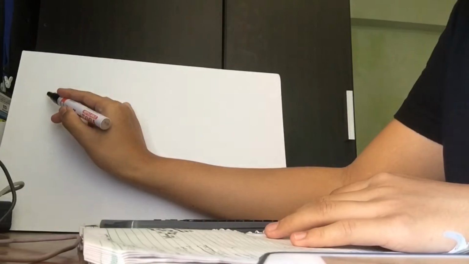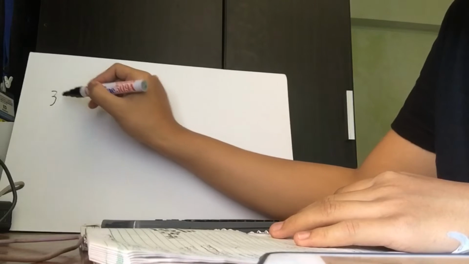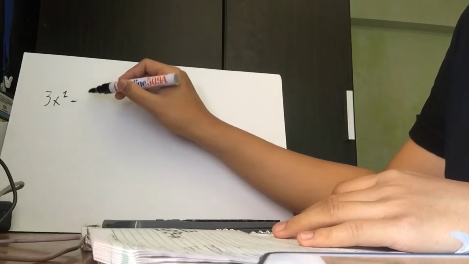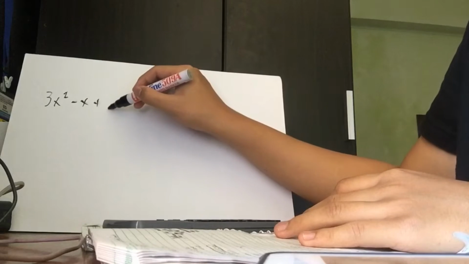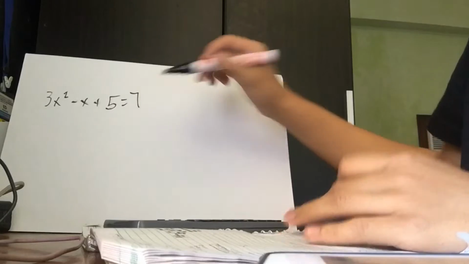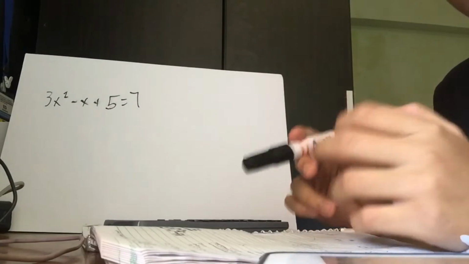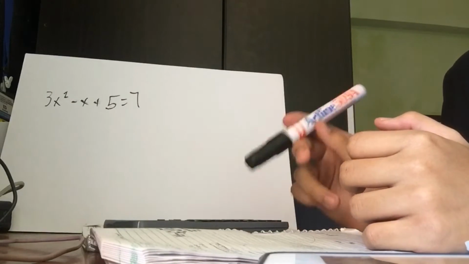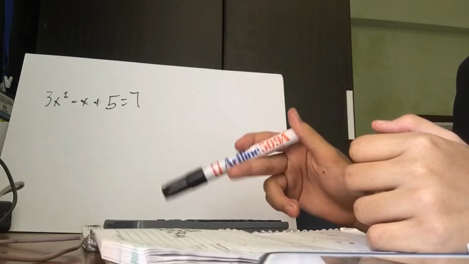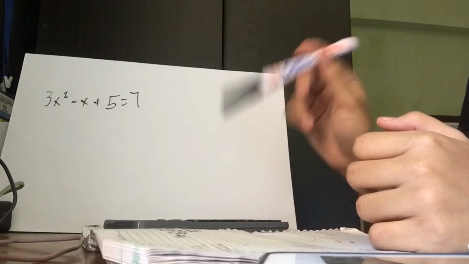We're going to have another example, which is this. This quadratic equation is absolutely not in the form that we want, because the right side is not 0. We need to eliminate that 7 on the right side by subtracting 7 from both sides.